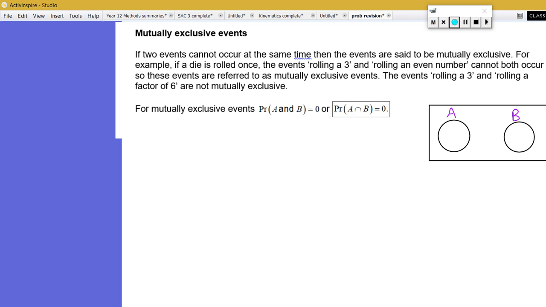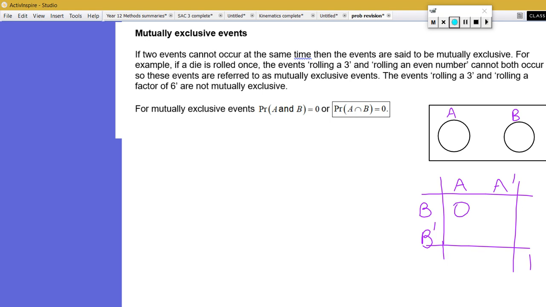There is no intersection. And if I were to do a Karnaugh map, A, not A, B, not B, I would know that I need to put a 0 in that first cell because that's the intersection cell, the A intersection B.